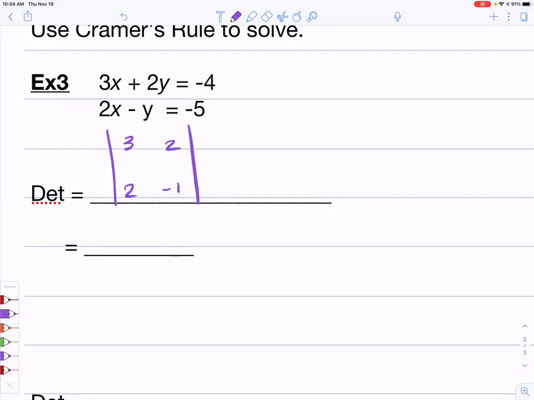And then we're going to multiply, multiply, subtract. So my first bit of multiplying gives me -3. Minus my second bit of multiplying gives me 4. I'm subtracting, so you're right, this is a -7. So you just jumped ahead of me a little bit, which is fine.